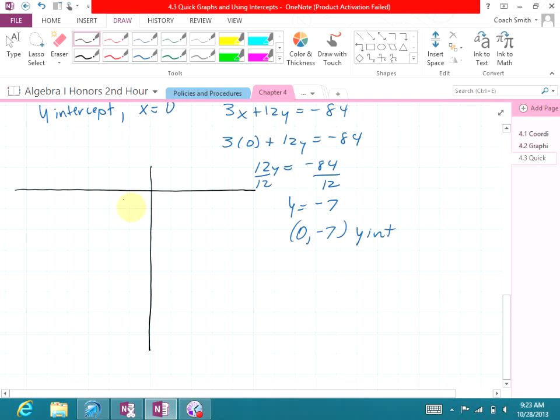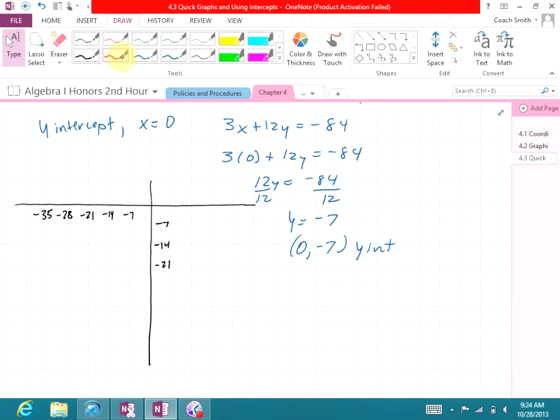Let's say this is negative 7, negative 14, negative 21, negative 28, negative 35, and I get the same thing going down, negative 7, negative 14, negative 21. So 0, negative 7 is right there. Negative 28, 0 is right there. Then obviously I would draw the line through those 2 points.